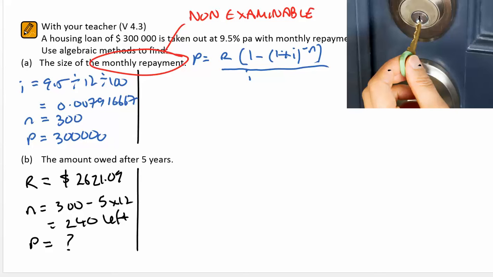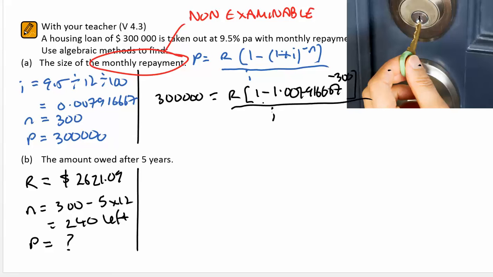Now, when you set this up algebraically, we've got 300,000 on the left-hand side, and that's equal to R lots of 1 minus 1.0079166667 to the negative 300, divided by i.